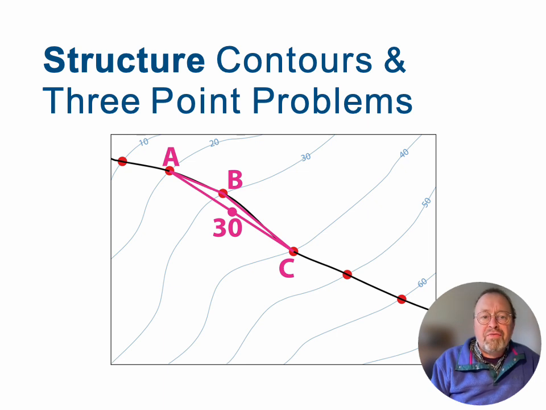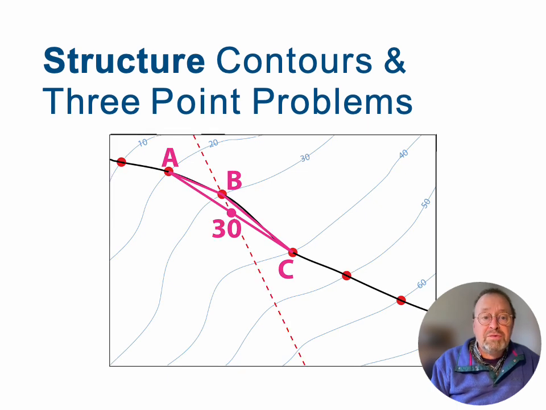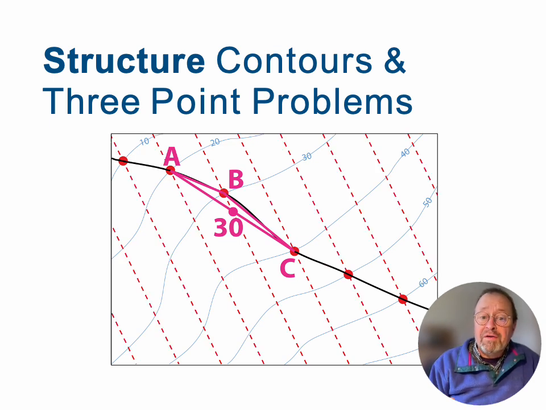And now we have two 30 contour points, and we can draw a line through those. The one that actually outcrops and the one that we have inferred by joining the two. And once you have one, of course, all the other contours have to be parallel to that. So we're able then to draw in all the other ones based on our simple assumption that this surface is dipping in a regular fashion and is not folded.